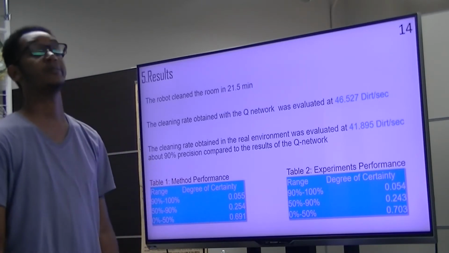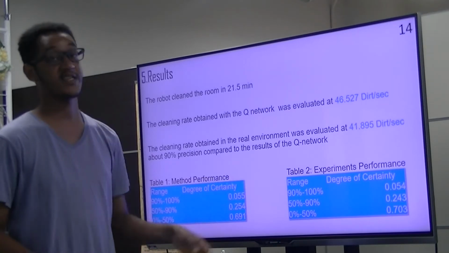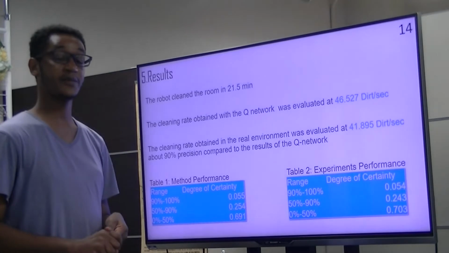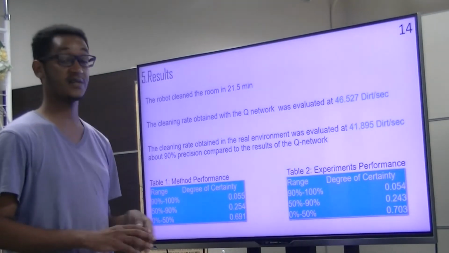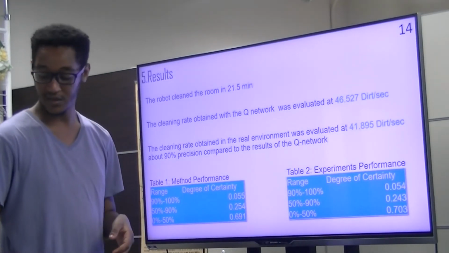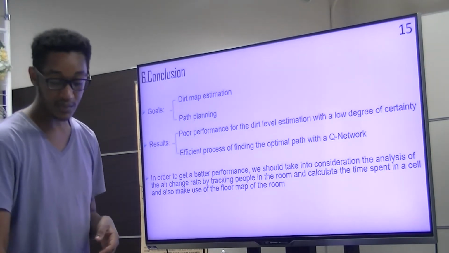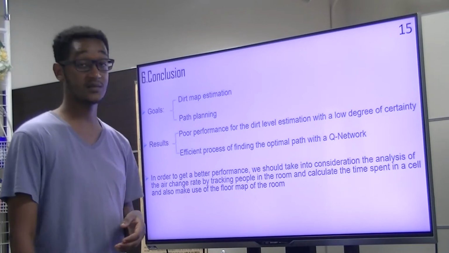And we also compare our method performance with our experiment performance. We got a 5% degree of certainty of getting 90% accuracy in our dirt map estimation. So in this research, we had two clear goals.